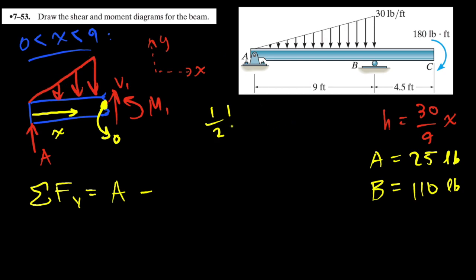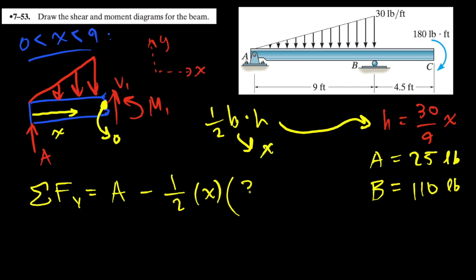It was 1/2 times base times height. We know the height because we calculated it here. We know the base because it is simply x. X is the distance from the very left side of the beam where A is up until the point that we section. So we go 1/2 times x times 30 over 9 x, and that is our contribution from the distributed load.